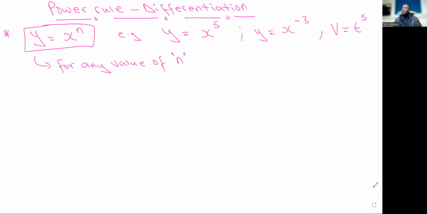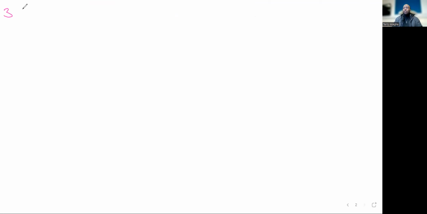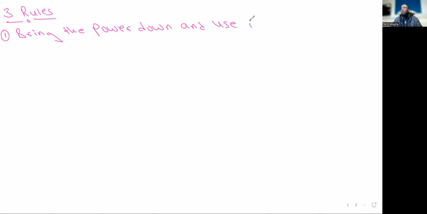How do you do it? Now, there are three rules or three steps here, okay? Remember, I always give the rules and steps so that it will be easier for you to visualize what I did. Number one, the first thing you do is bring the power down and use it to multiply the question.